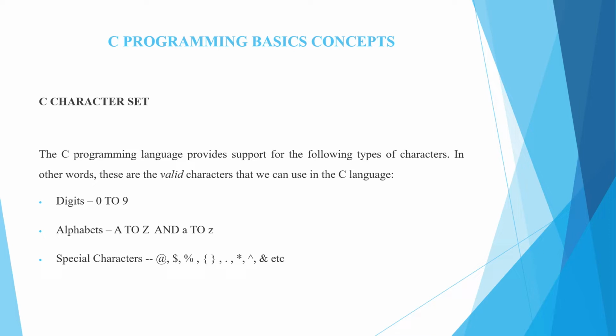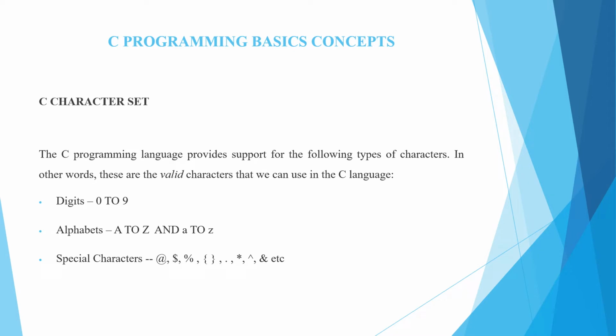The character set refers to the set of all valid characters that we can use in the source program for forming words, expressions, and numbers. The source character set contains all the characters that we want to use for the source program text.